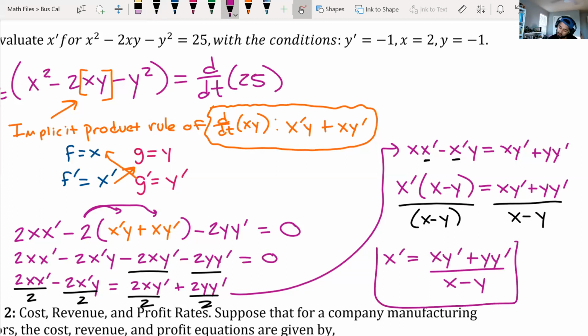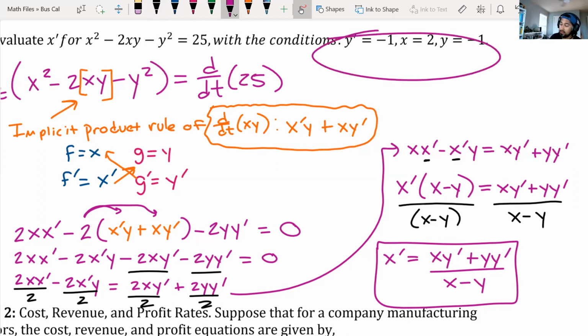There's our implicit derivative solved for x prime. And now we have to plug the numbers in that we were given above. But before we do so, any questions?